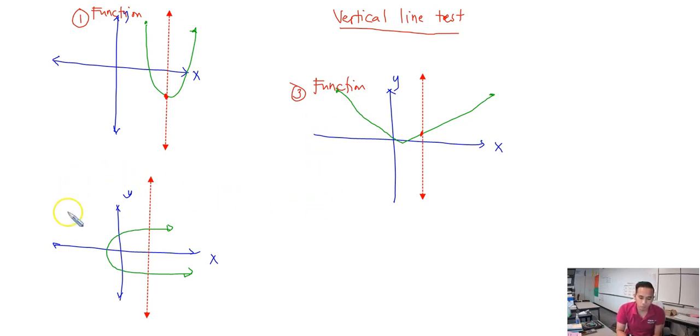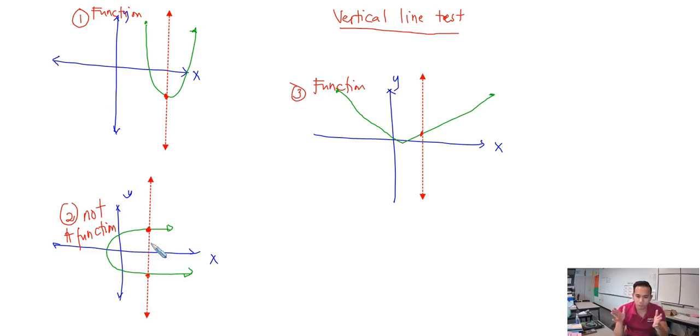Now on number 2, not a function. Why is it not a function? Because when I draw a vertical line, it touches my graph twice. So that's one of the easiest ways to identify if it is a function or not, if given a graph.